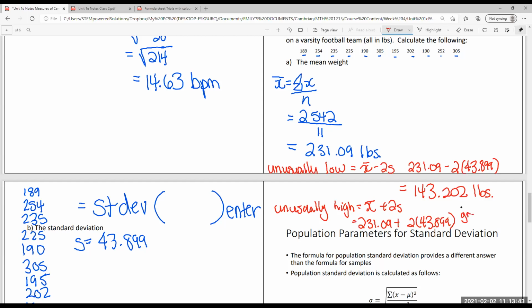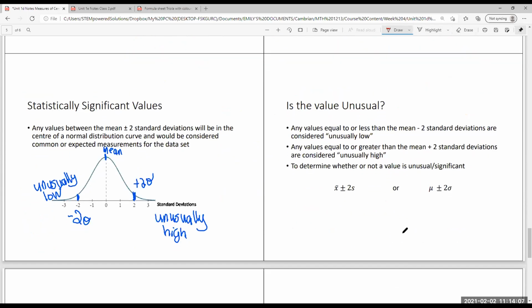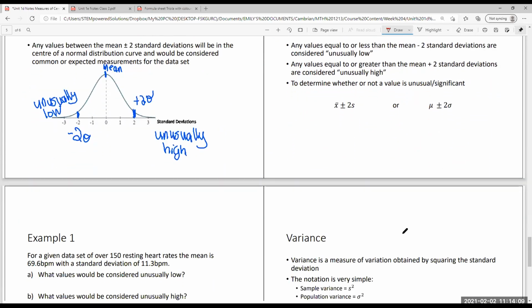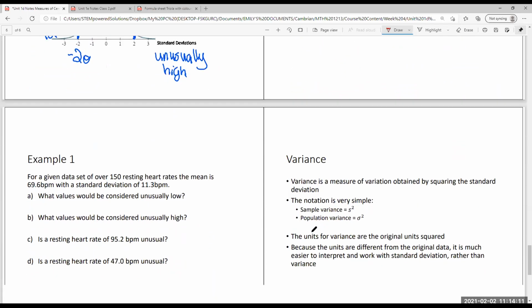Anything greater than 318.88 pounds, and I want to make sure that I'm saying less than 143.202 pounds. So that's how we determine whether something is unusually high or unusually low.